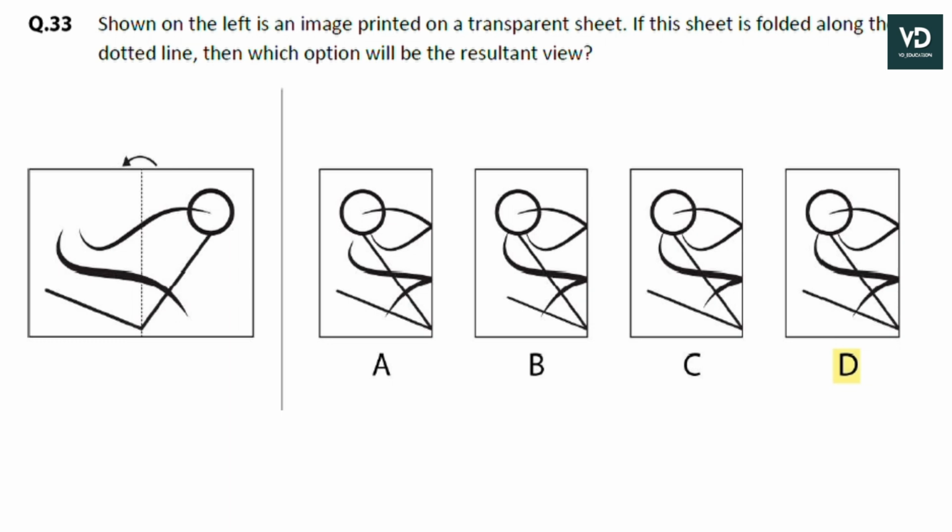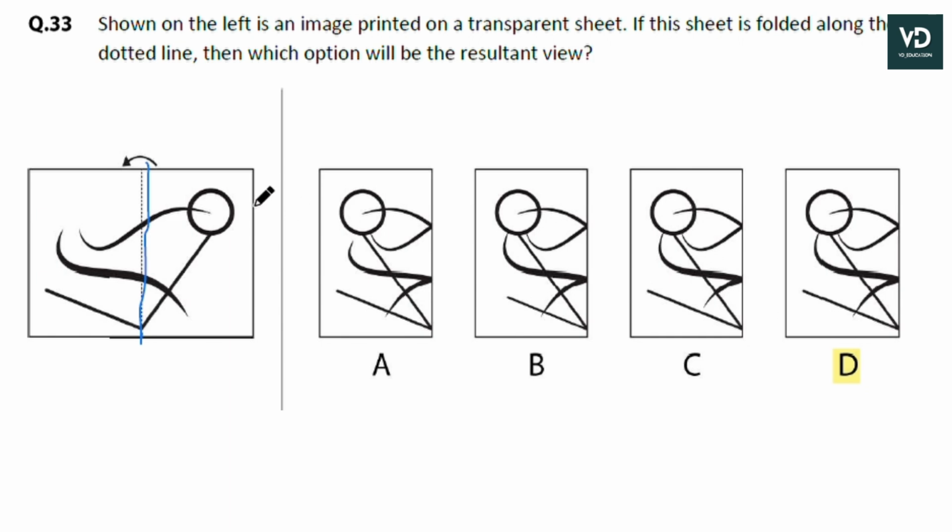Question number 33. Shown on the left is an image printed on a transparent sheet. If this sheet is folded along the dotted line, this line, okay, this one, then which option will be the resulting view? So the correct option is D, because let's see, the incorrect options have some variation.